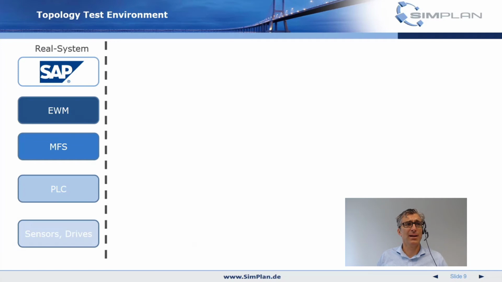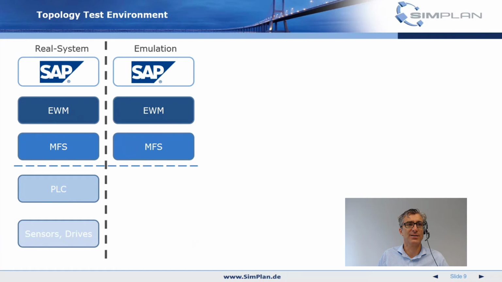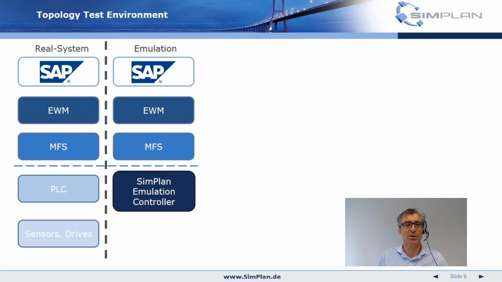So you might be familiar with the typical topology of an MHS system. SAP as a host system. Then you have the EWM, a material flow controller, PLC, sensors, drives on the left side. And for high-level emulation, you make a cut underneath the material flow controller.